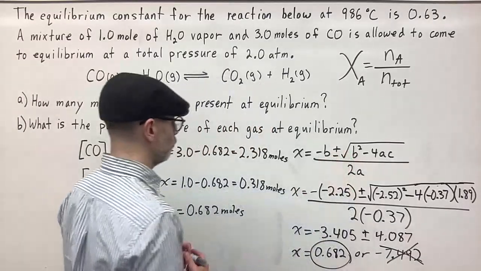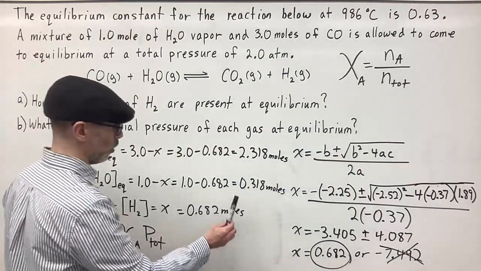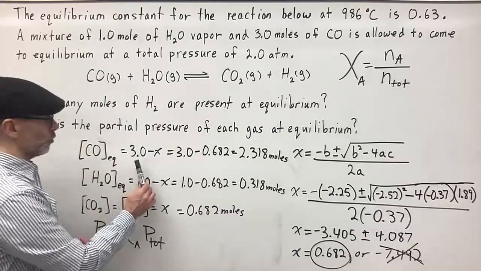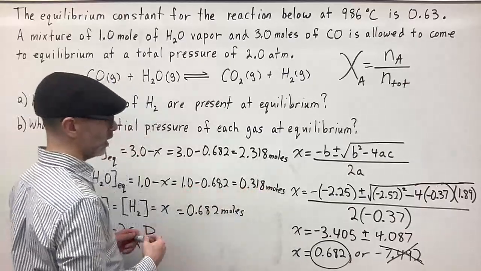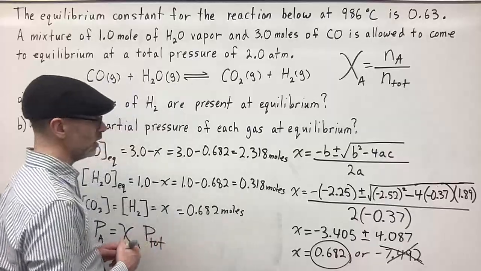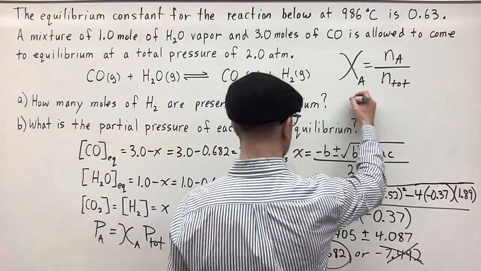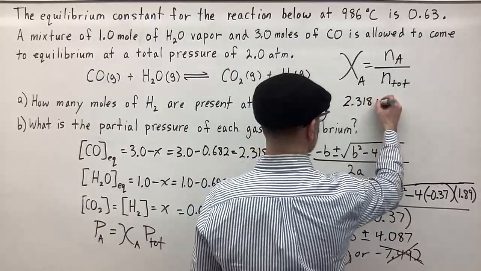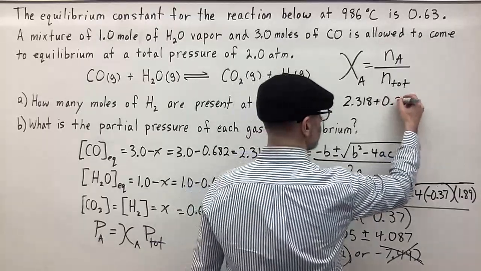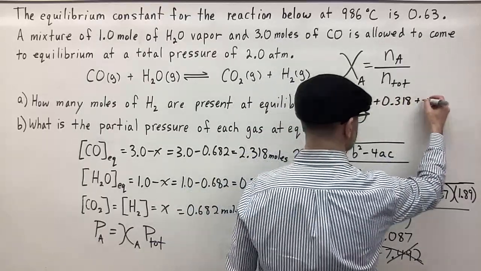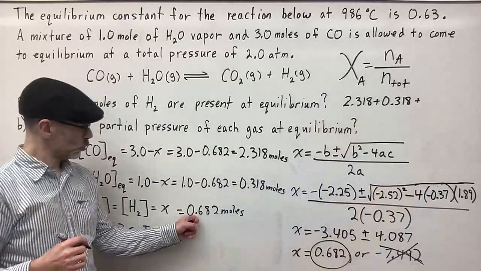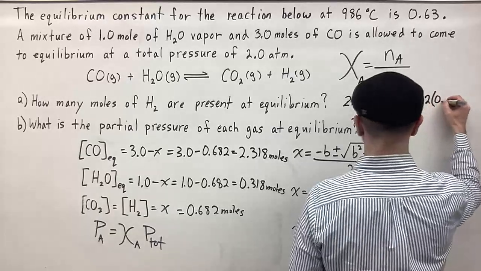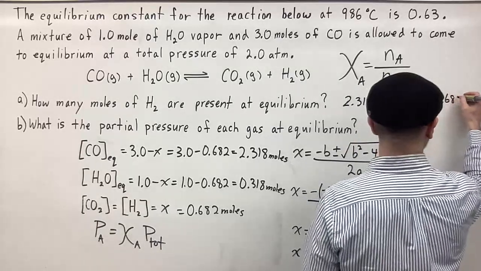So to calculate the mole fraction, all we need to do is take the mole amounts. So for example, for CO, carbon monoxide, we know that we have 2.318 moles. We need to get the total here. So if we add 2.318 plus 0.318 plus, and then we have twice this, so we have 2 times 0.682.